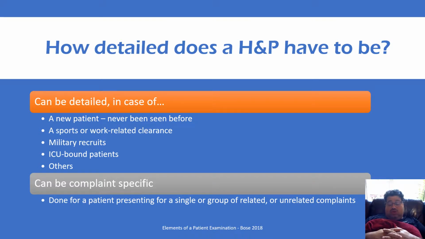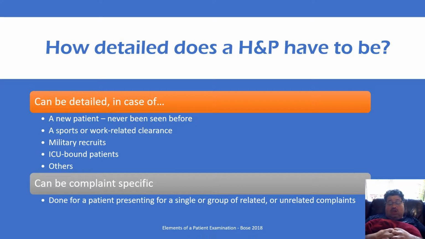They need to be detailed in some cases in which every organ system needs to be checked. And these cases include a new patient. For example, you're establishing a new patient and a patient you expect to keep for life. In these cases, a detailed history and physical should be performed.